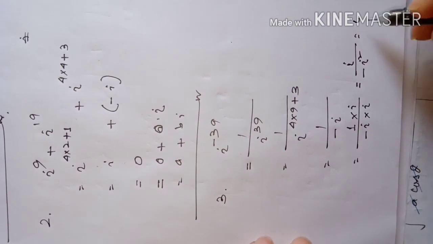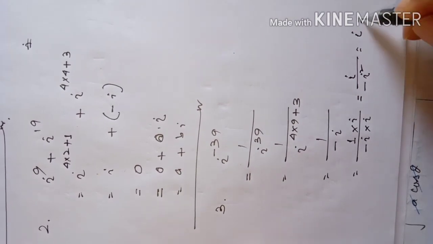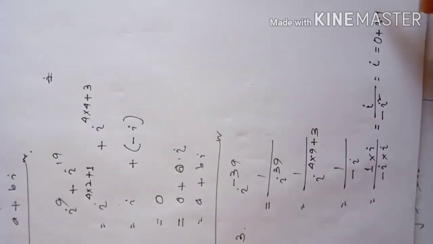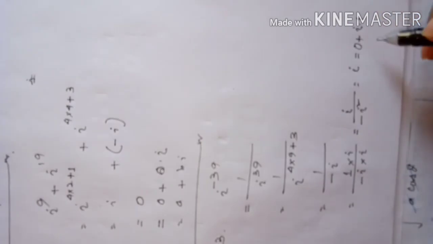So at the end, this will be 0 plus iota into 1. So this is in the form of a plus iota b.